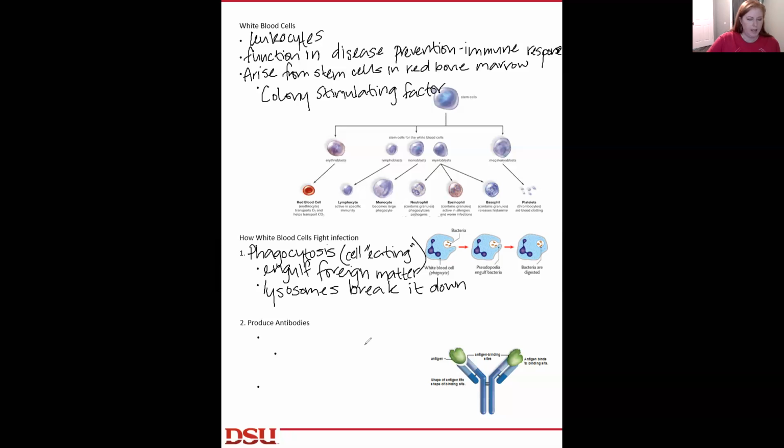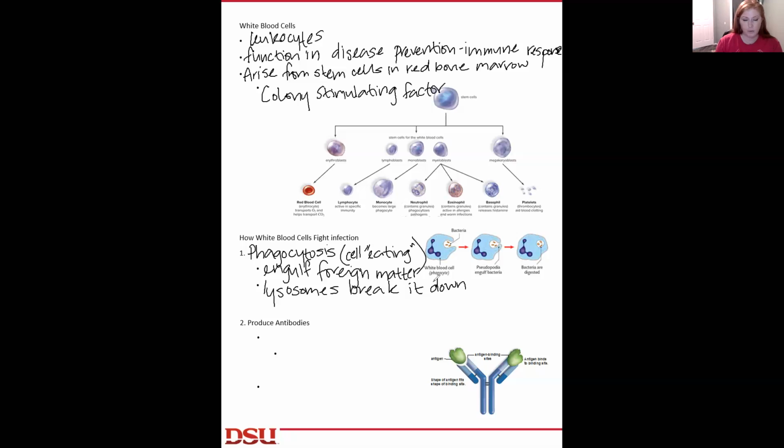And so the outer membrane of the white blood cell will actually come out and wrap around the foreign substance. The two ends of the membrane then will fuse back together and you have something called a vesicle. And a vesicle is a little membrane enclosed pouch, okay? In this case, the vesicle contains foreign matter.